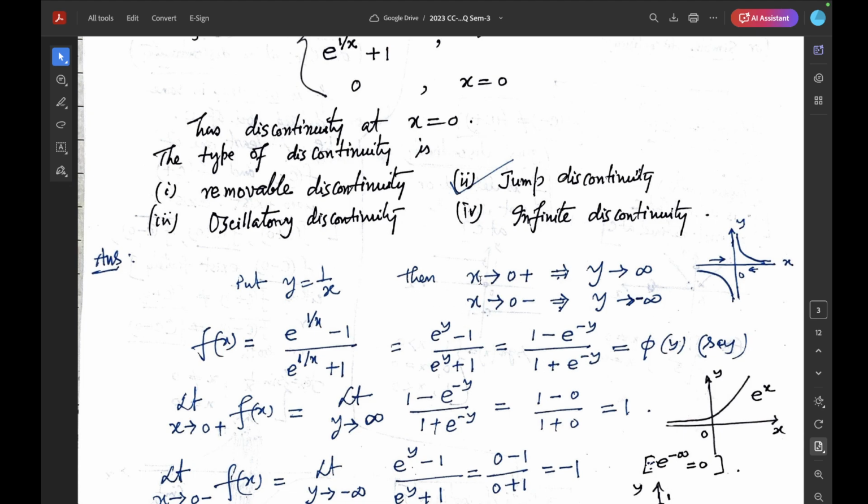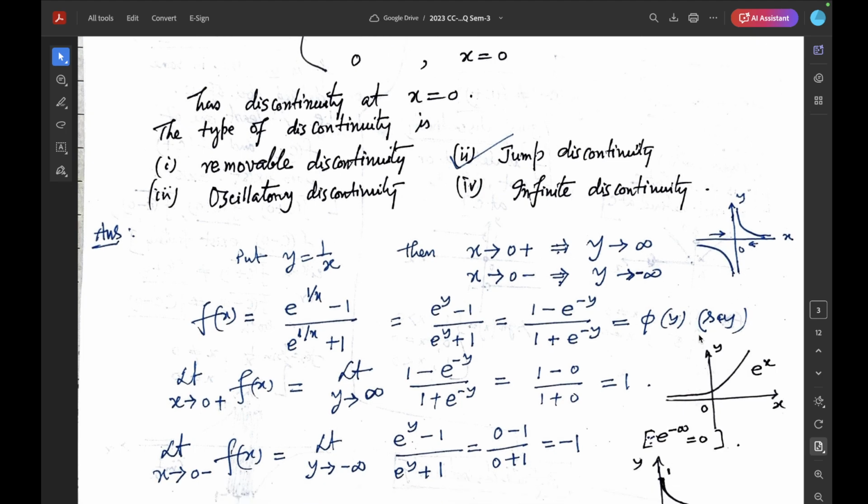Clearly, if we draw the graph of 1 by x, when x tends to 0 plus, that is the right hand limit, y tends to infinity, and when x tends to 0 minus, the left hand limit at the point 0, y tends to minus infinity.